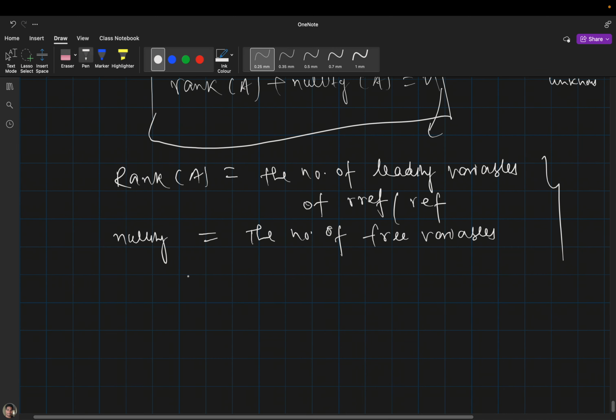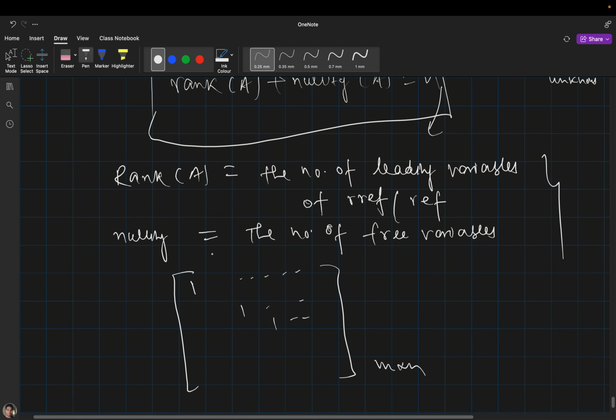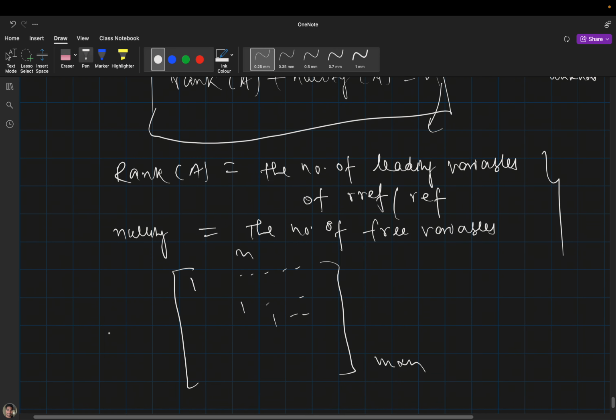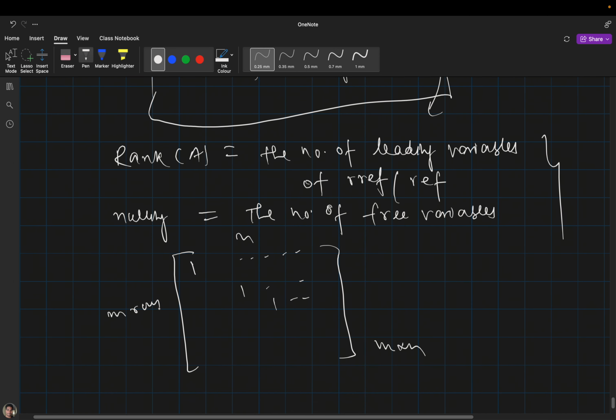What I'm trying to say is, suppose you had the matrix m by n, and you are getting RREF like this and all elements are zeros. Suppose it is m by n, which means that there will be n columns and m rows.